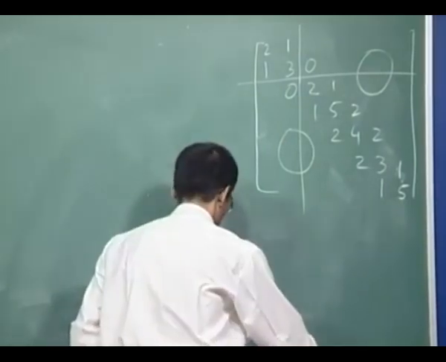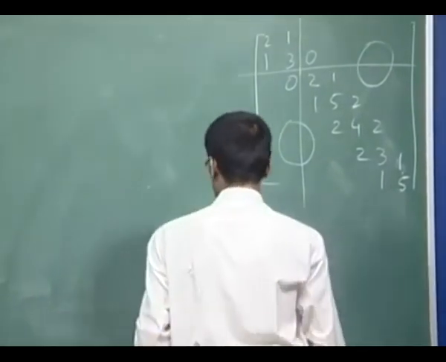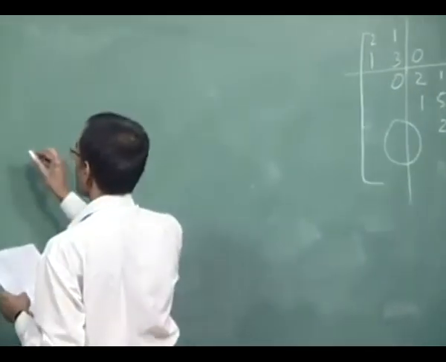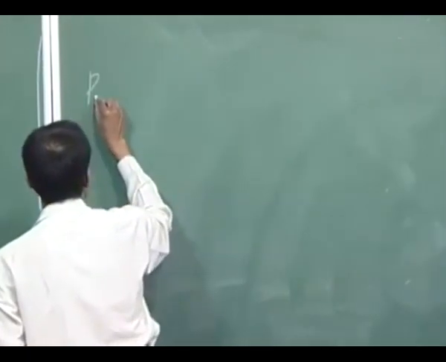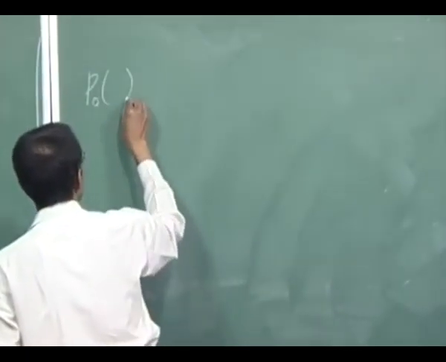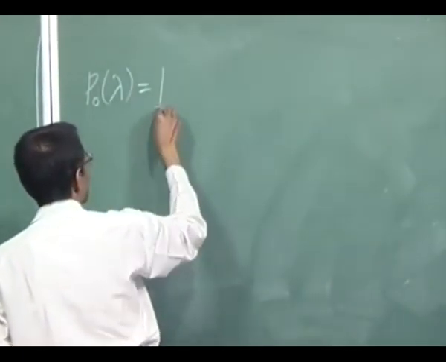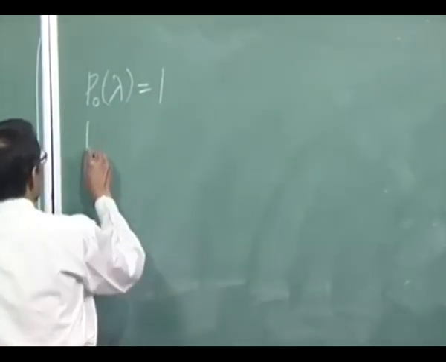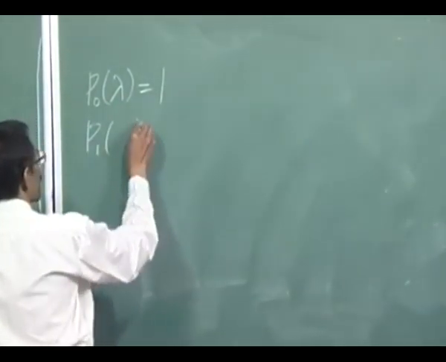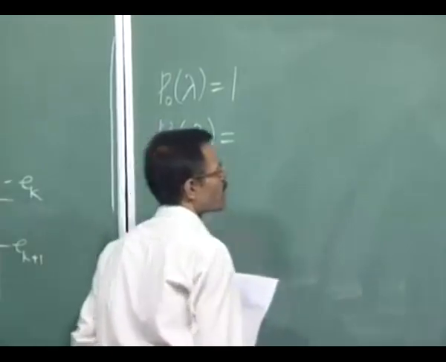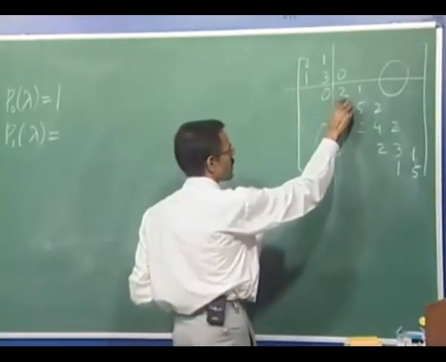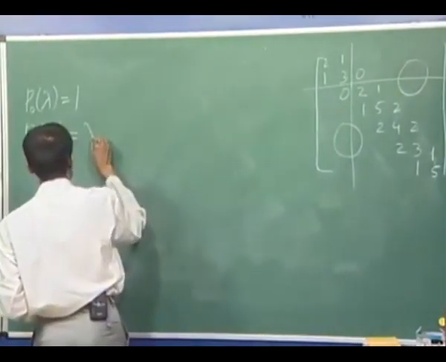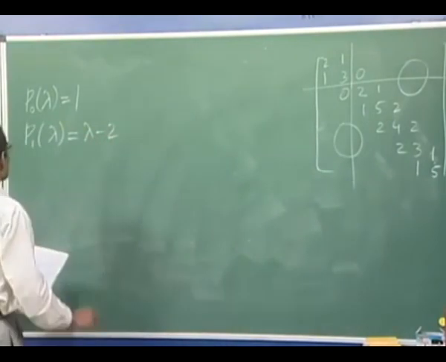So, for that we construct these polynomials. First one is trivial, second one will be lambda minus d1, that is p1.